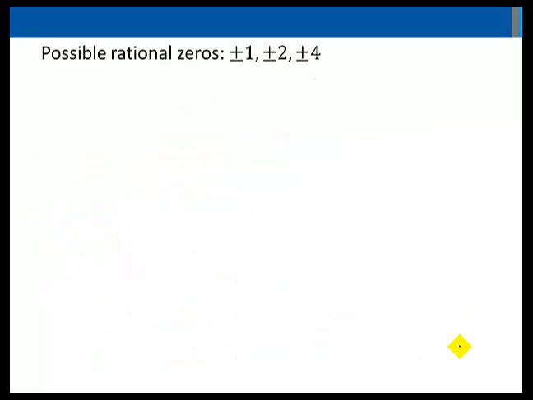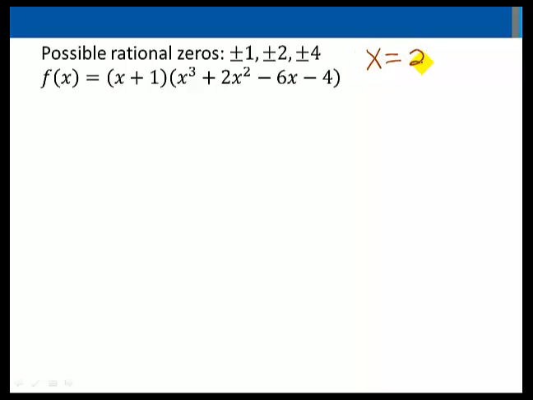And from there, we'll look for another rational zero. This time, let's try x equals 2. And instead of dividing the whole function f(x) by x - 2, I'll just divide this factor of f(x), which is x^3 + 2x^2 - 6x - 4.